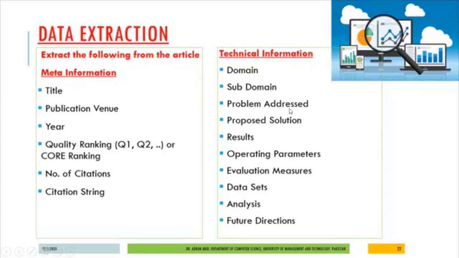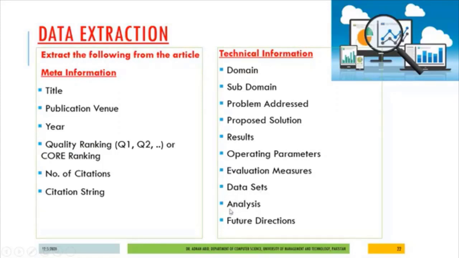Then the problem addressed in the primary study: we need to write which problem was addressed, what type of solution was proposed, and what results were achieved in that study, along with the operating parameters and the evaluation measures. I'll explain it with the help of an example instead of explaining it here. Then the datasets which were used to evaluate the results or to perform the experimentation.